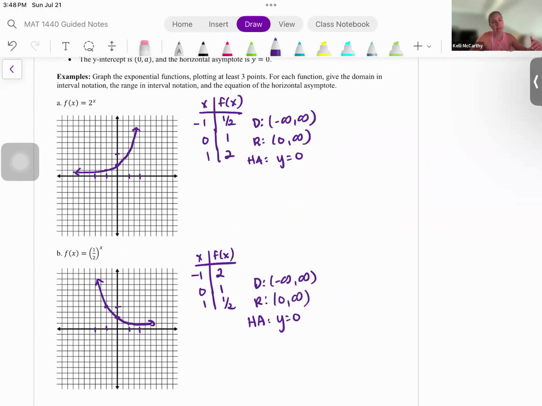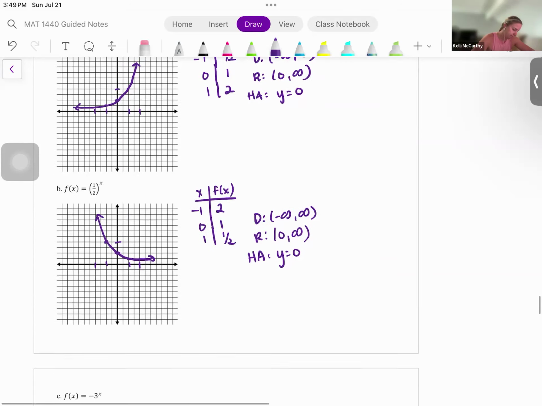We're also illustrating some additional rules for the value of the base of our exponential functions. If b is greater than 1, then we see an increasing function like we have in example A. And if b is between 0 and 1, remember b has to be positive but not equal to 1, so between 0 and 1 exclusively, then we see a decreasing function like we have in example B.